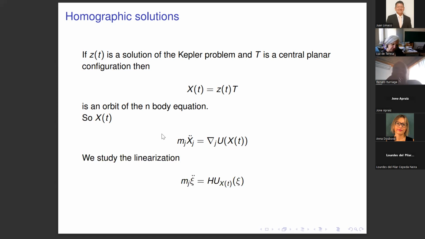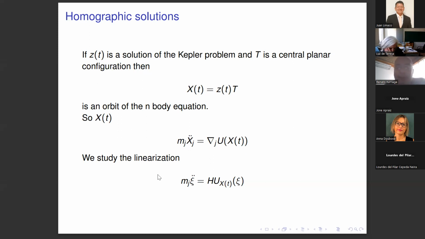And we want to know what's going on around the solution that we know. What happens is that very few solutions are explicitly known in the n-body problem. One of these is these homographic solutions, and we want to understand what is going on nearby these solutions, so it is very natural to study the linearization.